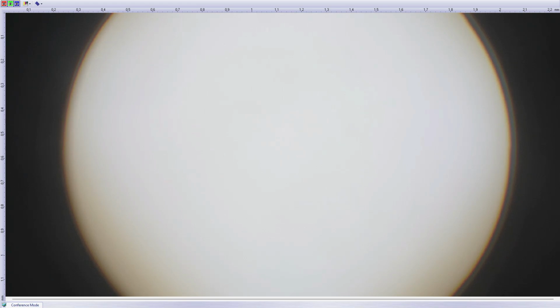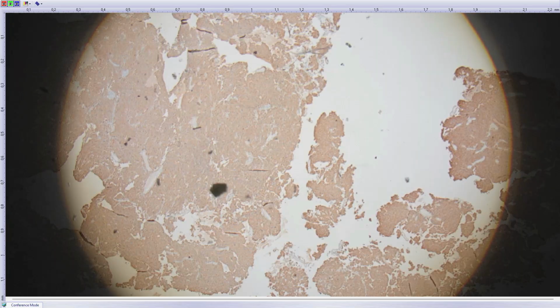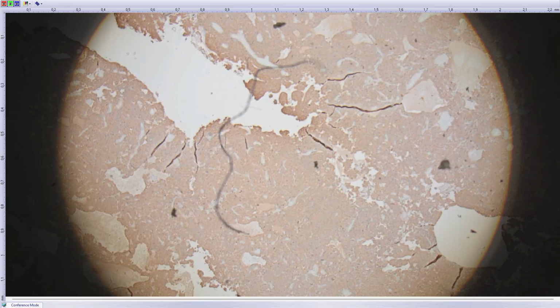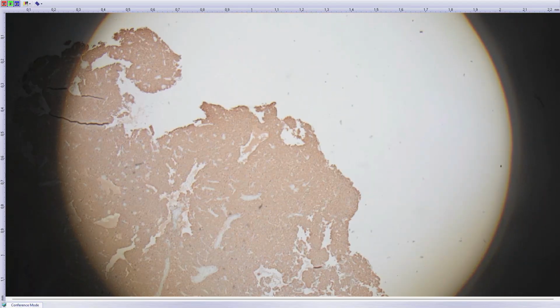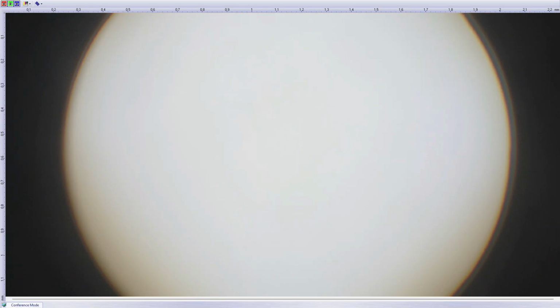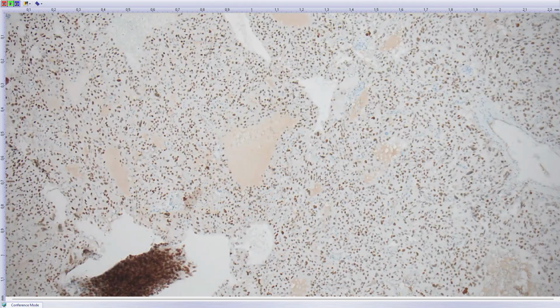Then there was synaptophysin expression, diffuse. So we had INSM1 was positive nicely. INSM1, another neuroendocrine marker. Any suggestions?